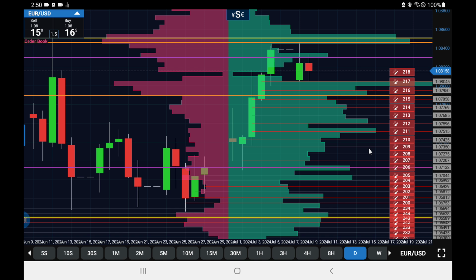This is the Euro USD market, and we can see where I've outlined the range in the yellow lines. The purple lines are the frequency-weighted order book, and the orange lines are the order book volume. And we can see the one thing that Oanda does well that TradingView really struggles with, being able to really visualize volatility.